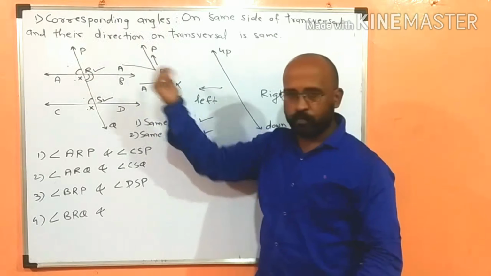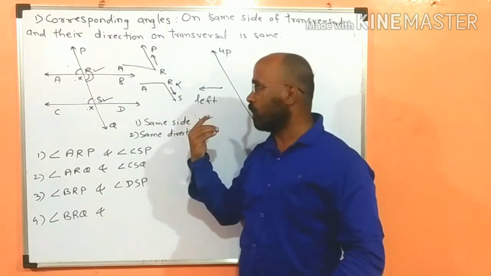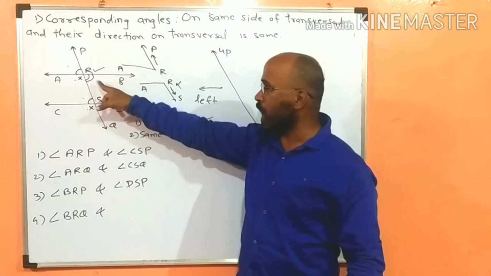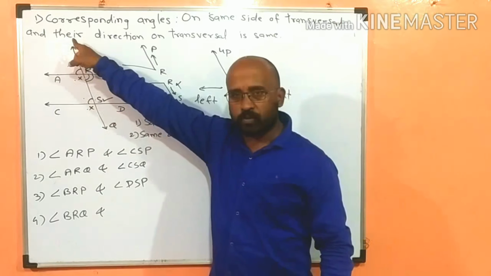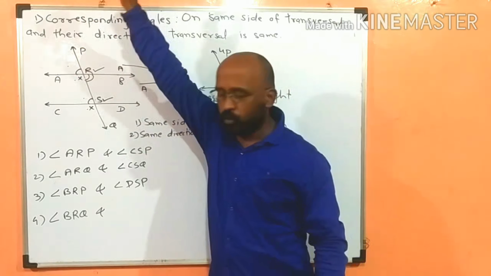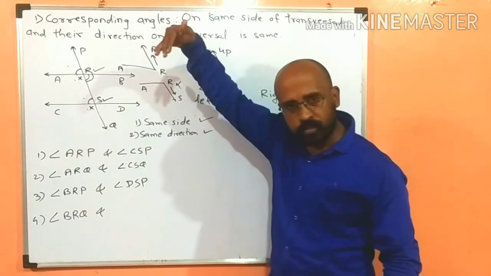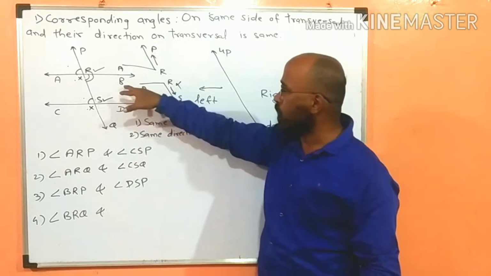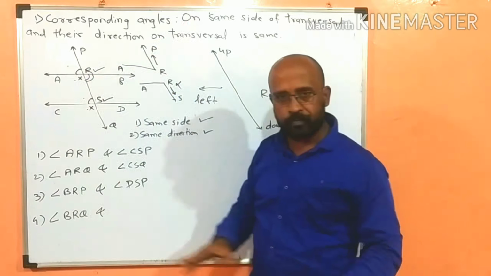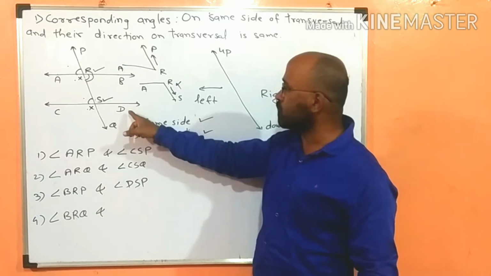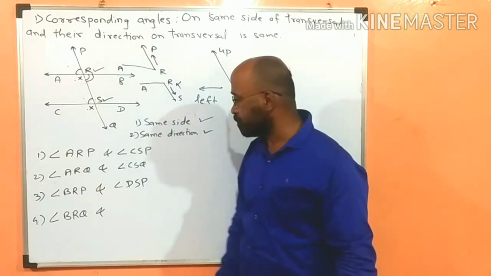BRP, we have chosen same side angle. So let's look at the direction of the BRP on transversal. RP is on the transversal, RP is going towards up, but in BRQ, RQ is going towards down of the transversal, means BRP and BRQ, they are not corresponding angles. Now next is DSP.